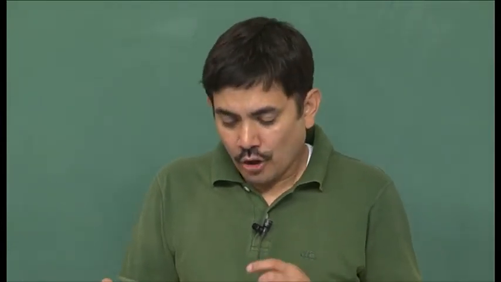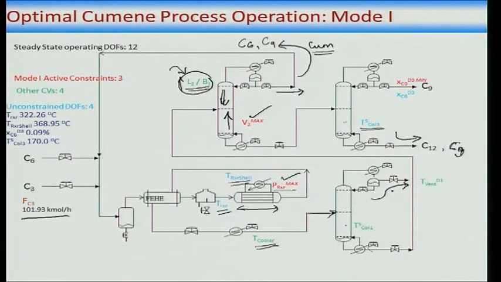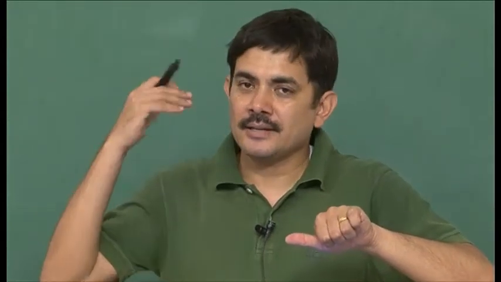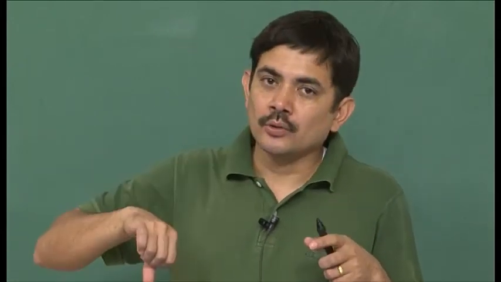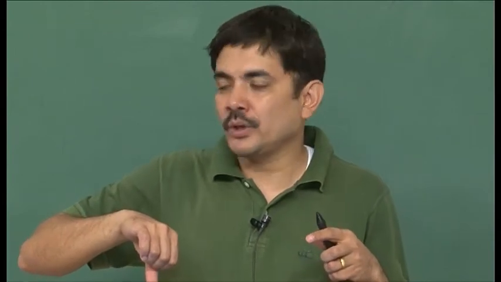On the other hand, if I increase the temperature too much, what will happen? If the temperature is too high, then I will be producing too much C12. And therefore, you have to choose the right inlet temperature and the right shell temperature, so that the reactor is neither too hot, for proper selectivity, nor too cold, to ensure that all of the propylene you are putting in gets consumed.